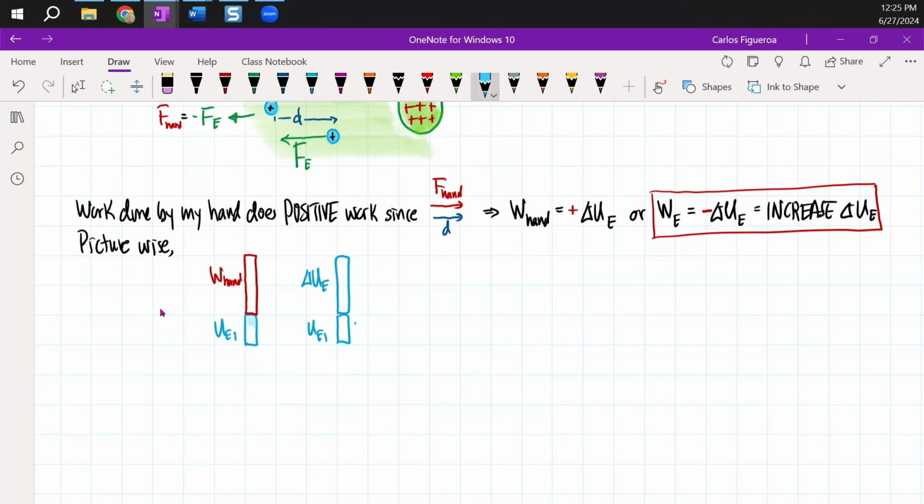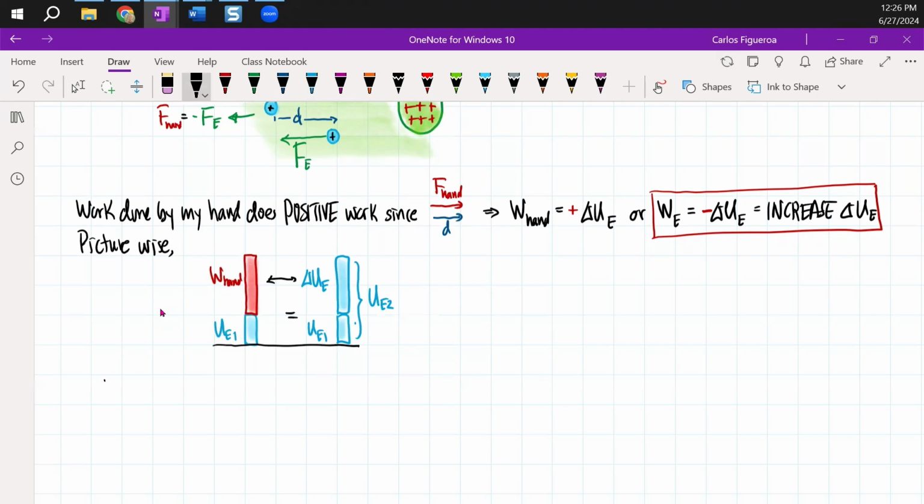And the work of my hand transfers completely into the change in electrical potential energy. So if I look at this, what I'm seeing here is that there's a one-to-one correspondence between the work done and the change in potential energy. Again, this is my preferred picture. So when I look at this whole thing right here, this is the second potential energy state.